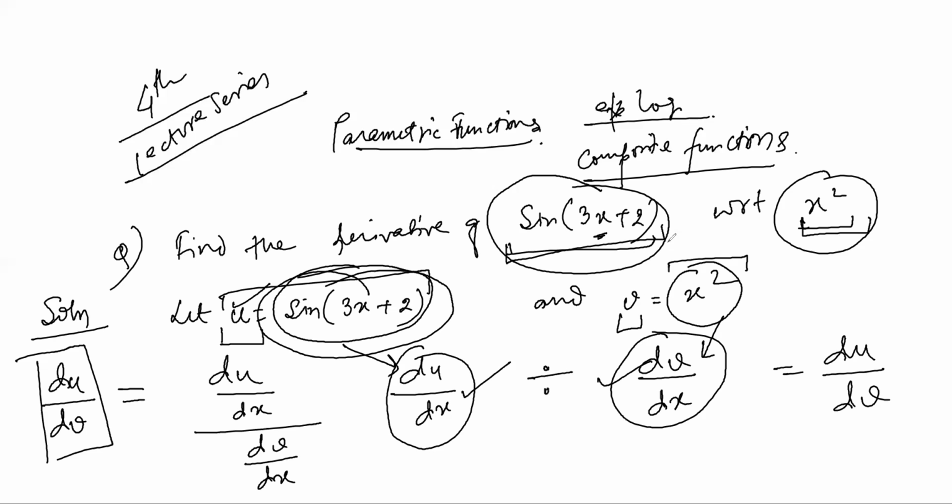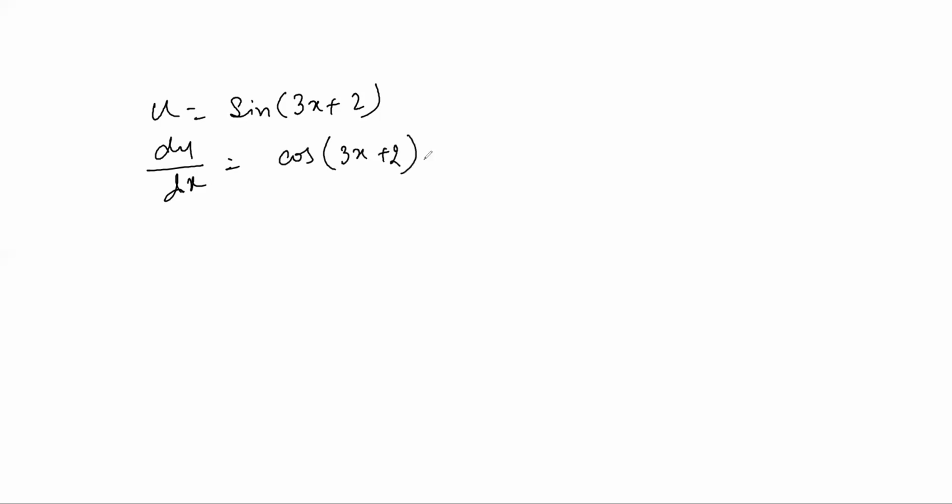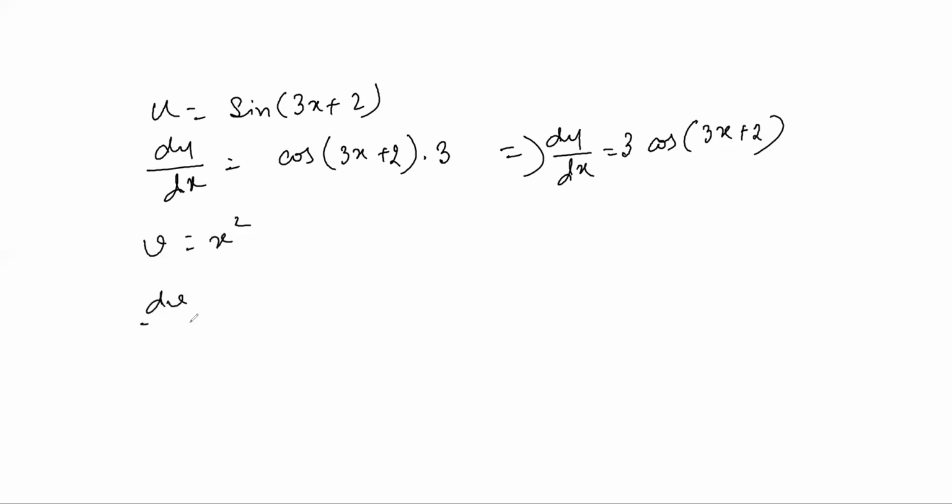Okay, so let us start solving this problem. First we need to differentiate u with respect to x. So it will be cos 3x plus 2, and following chain rule it will be 3. So it will be 3 times cos of 3x plus 2, and our v is x square, so dv by dx will be 2x.